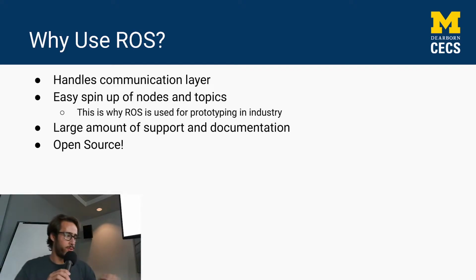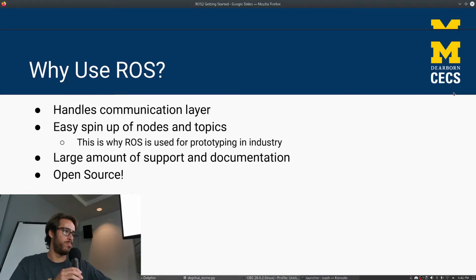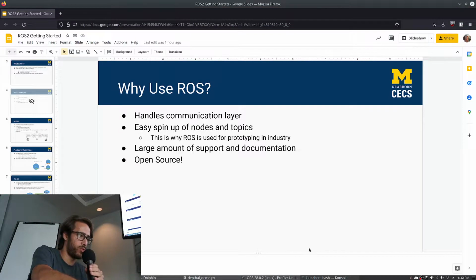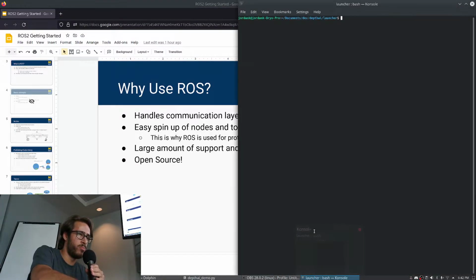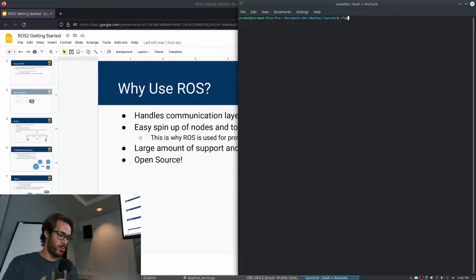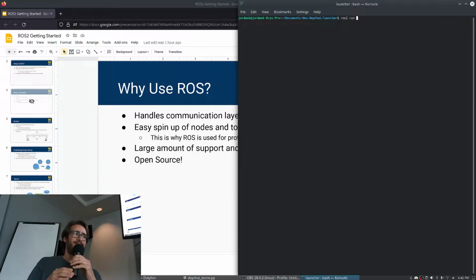Before we continue, I'd like to get into a bit of a demo to showcase what I've been blabbering on about this whole time. For example, we can see that I can do ros2 run, and this allows me to run a specific package on my system.